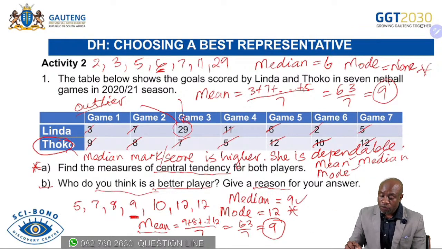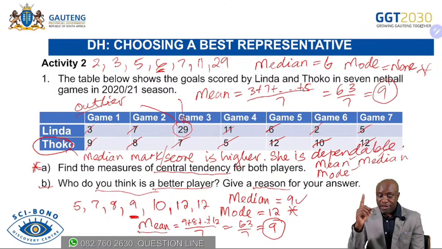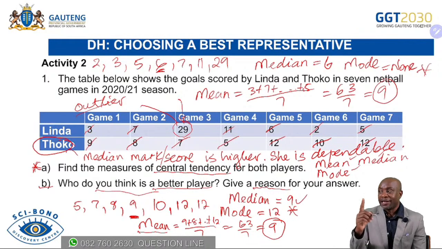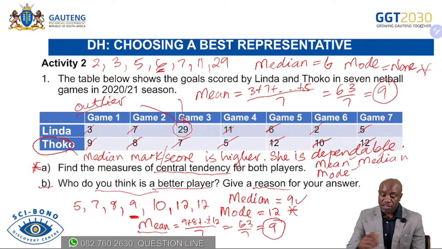If I remove the 29, I'll go 63 minus 29, and end up with 34. So she scored 34 goals in 6 matches, and only in 1 match scored 29. That makes her not the best player, because she's not consistent and not dependable.